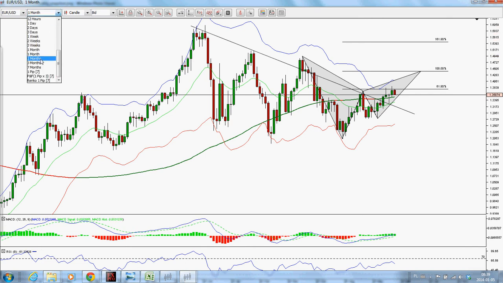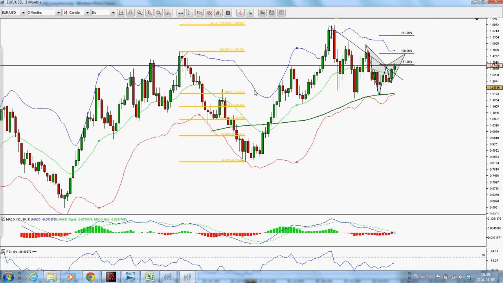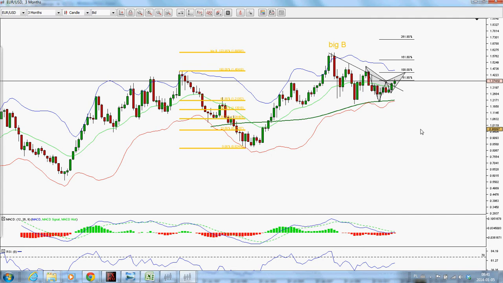Another thing I would like to show you on the monthly charts is a 3-month chart, and I consider B, and probably we are in a big C to the downside, so the market can still develop to the downside, which is possible, and what can explain this butterfly if it converts.